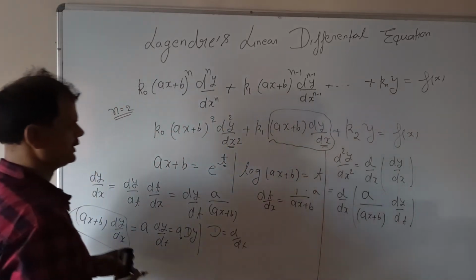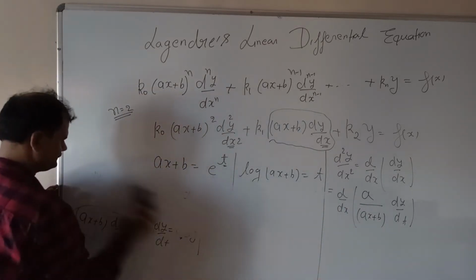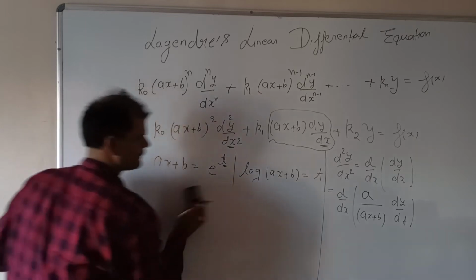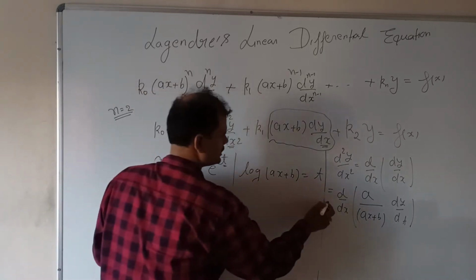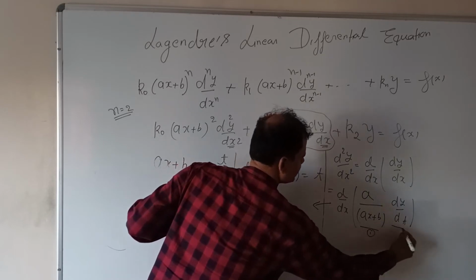Fine. Okay. Now let us see. This is the product of two functions, first function and second function.